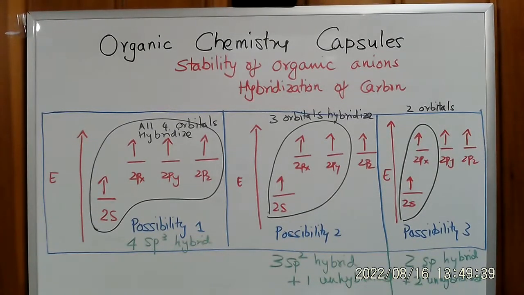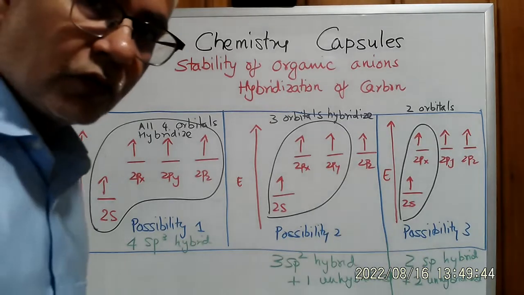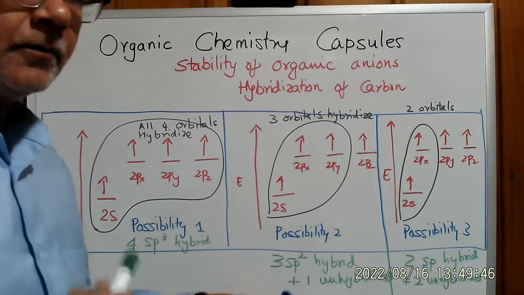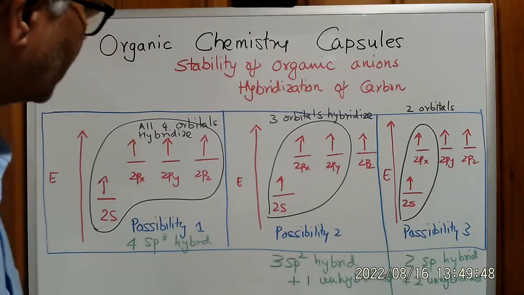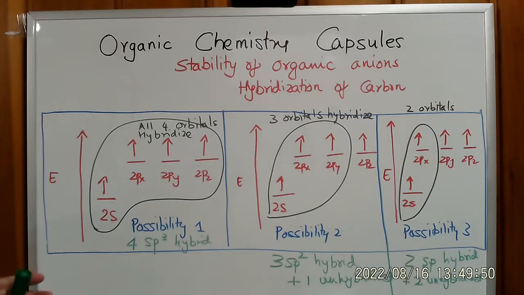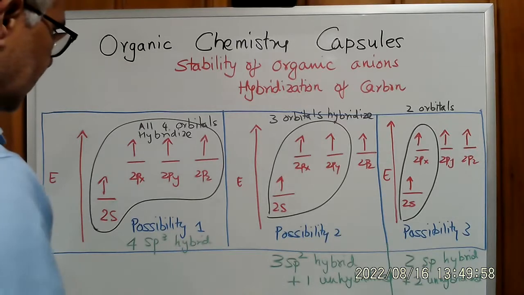In this capsule, we'll continue what we were discussing in the previous one, hybridization of carbon. We talked about how carbon hybridizes and forms 4 sp3 hybrid orbitals.